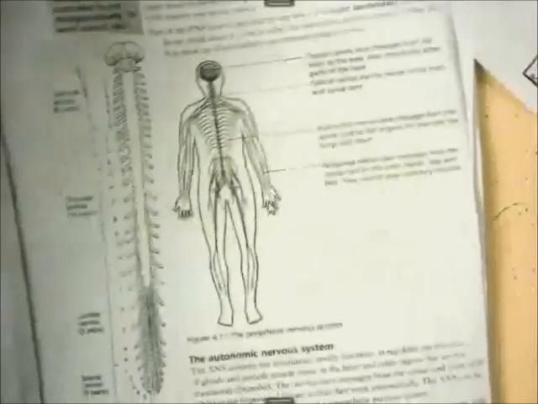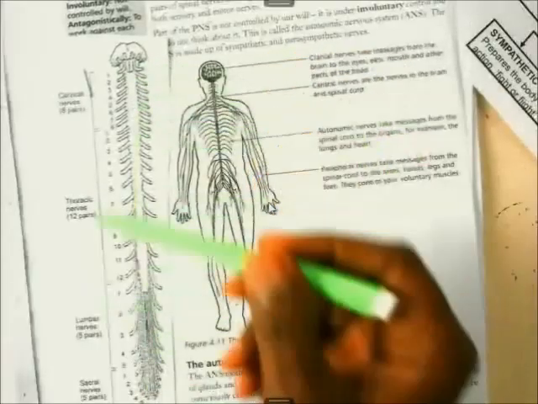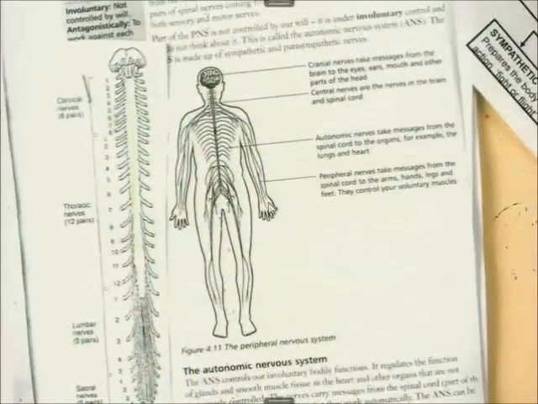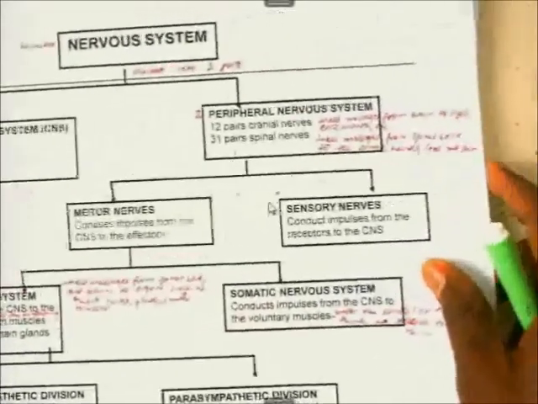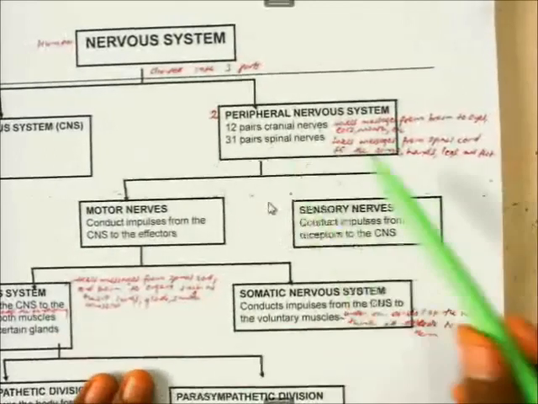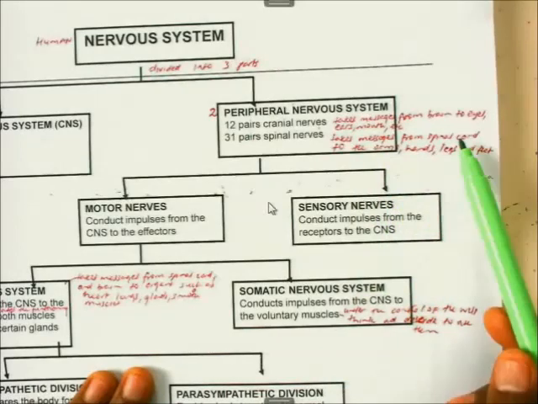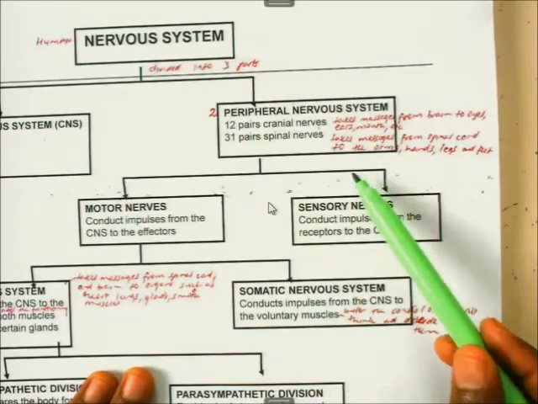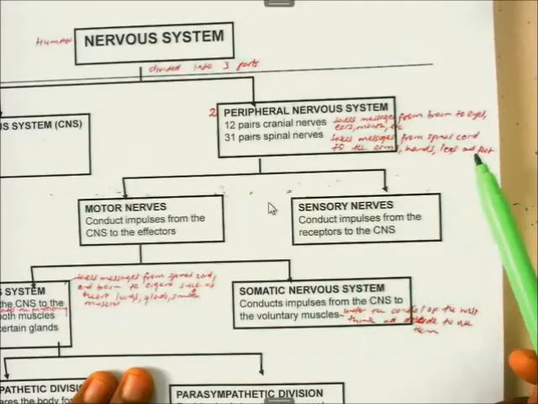So here I have the 31 pairs of the spinal nerves. These spinal nerves take messages from the spinal cord to the arms, hands, legs, and feet.